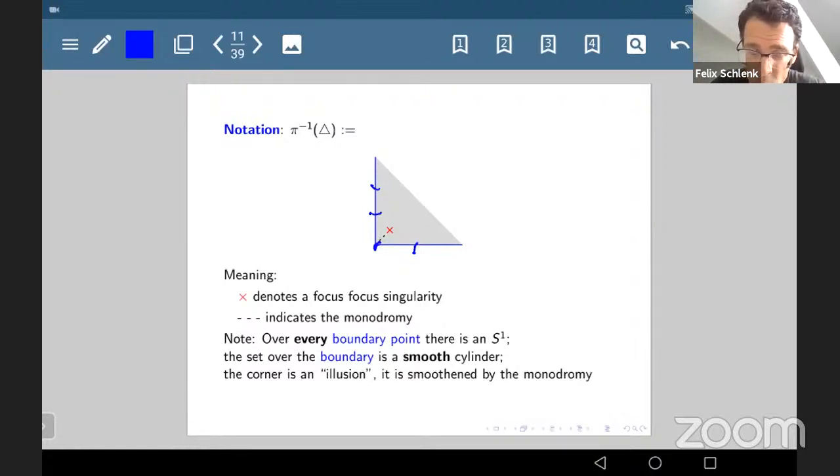And the union of the two blue segments, the preimage of it, is actually nothing singular. It's a smooth, straight cylinder, because the corner is an illusion. This corner here, by the monodromy, is actually in reality straightened up. The monodromy, this -1, is exactly such that in reality, this is a straight cylinder.